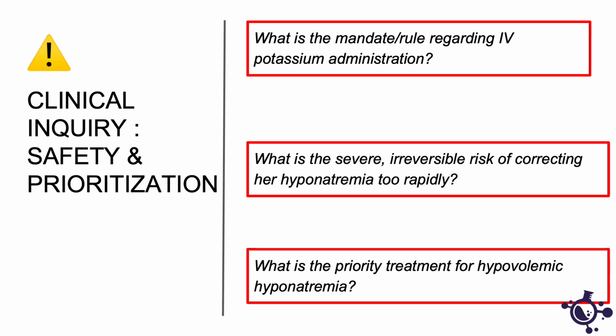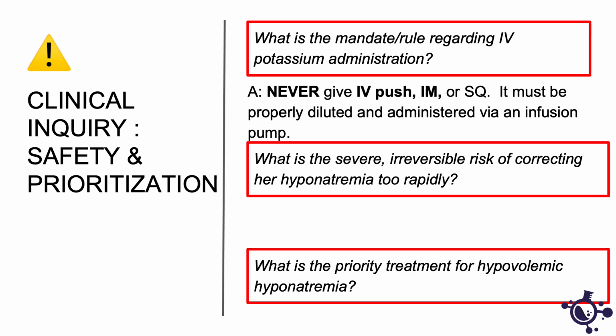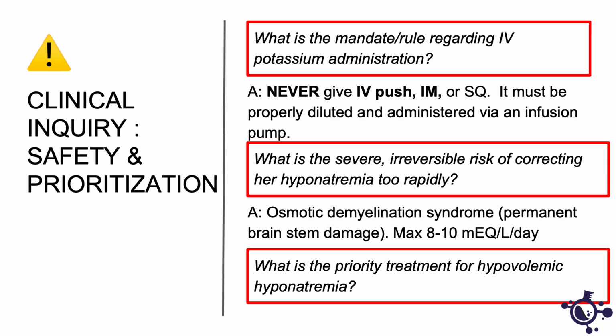Yeah, it's osmotic demyelination syndrome, okay? So we want to prevent permanent brainstem damage. If we correct sodium too quickly, it's going to cause demyelination of the neurons. And so we want to give it slowly, and the maximum is 8 to 10 milliequivalents per liter per day of correction. Anything greater than that is too risky, okay?